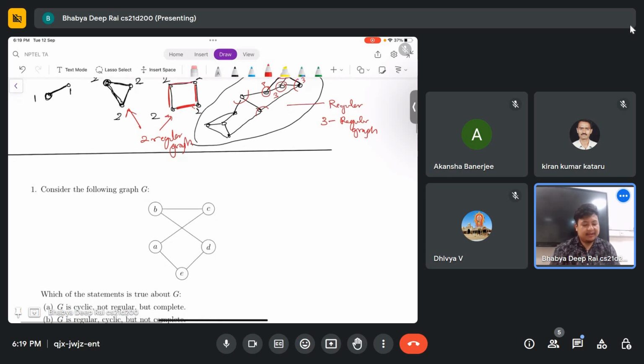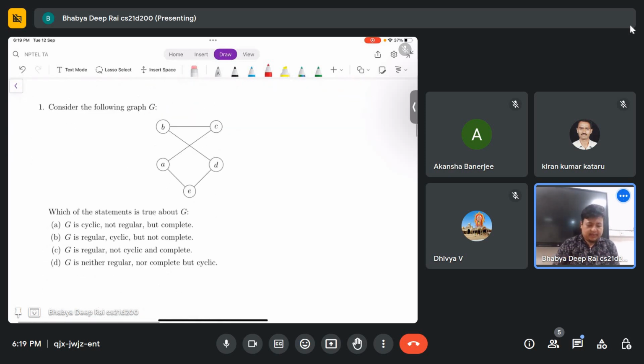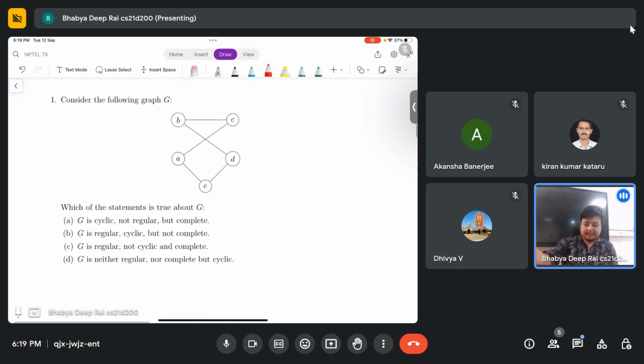Okay, good. So let us start solving questions. The first question is as follows. Consider the following graph. Which of the statements is true about G? A: G is cyclic, not regular, but complete. B: G is regular, cyclic, but not complete. C: G is regular, not cyclic and complete.